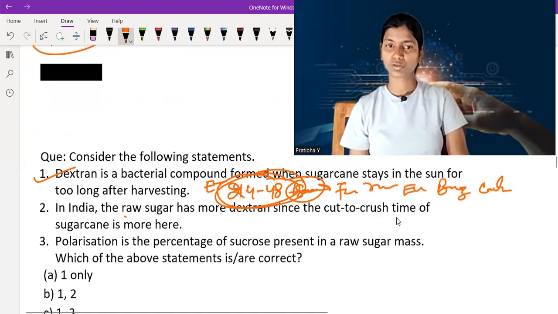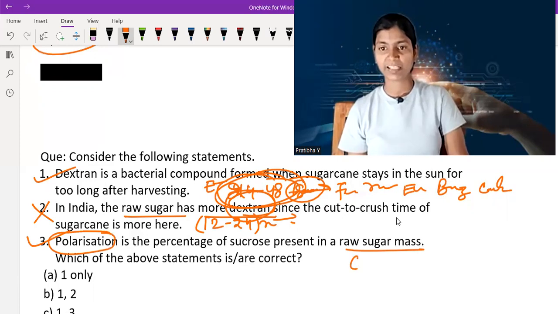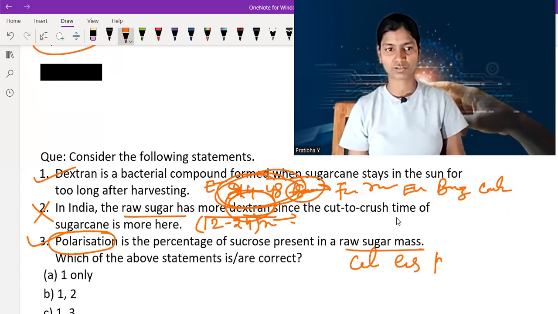In India, the cut-to-crush time is 12 hours, so in Indian raw sugar we do not find dextran. Polarization is the percentage of sucrose present in the raw sugar mass. If polarization is high, it is cheaper and easier to process or refine. So this one is correct.